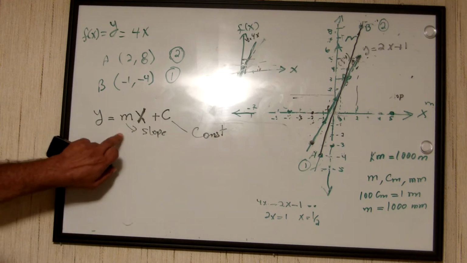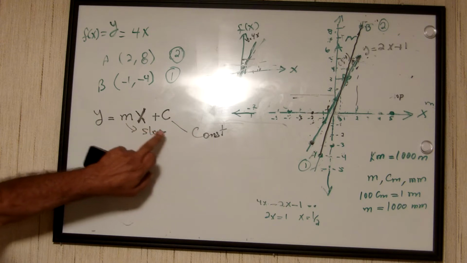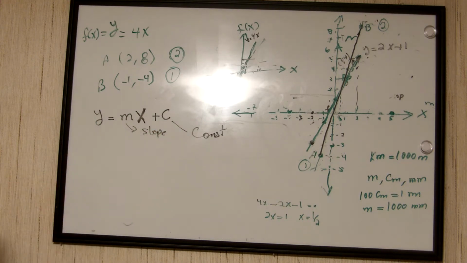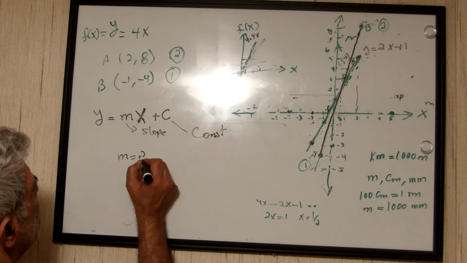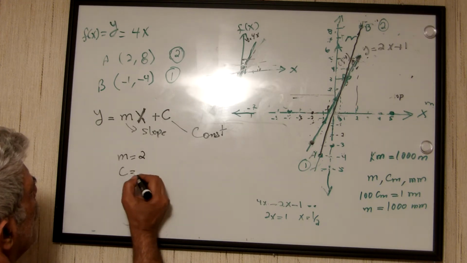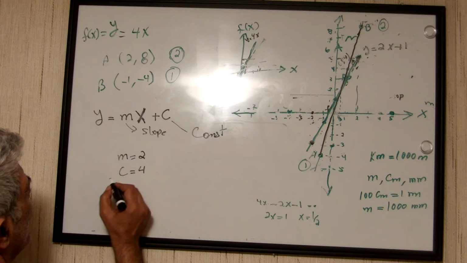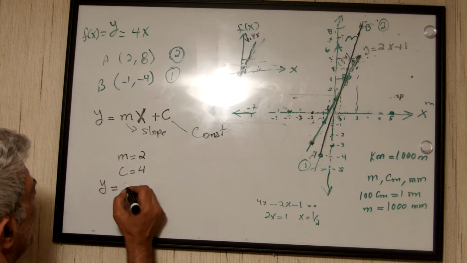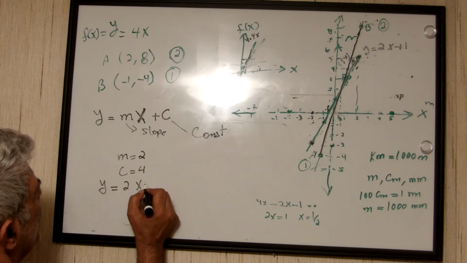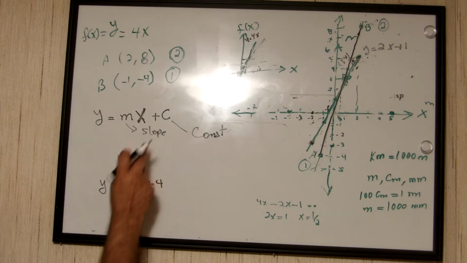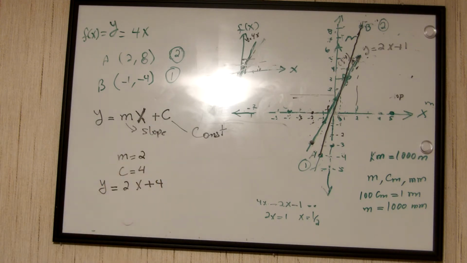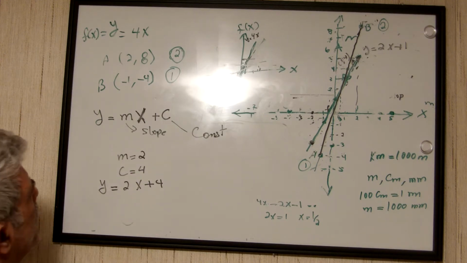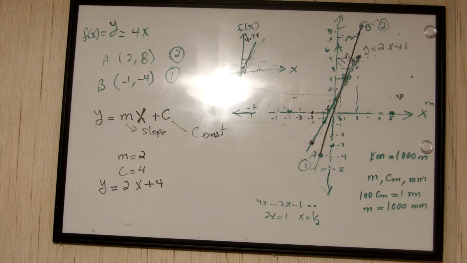We have to find m and c in order to write the equation. For example, if m is equal to 2 and c is equal to 4, the equation is going to be 2x plus 4. We are going to find out how we can find the equation of a line.